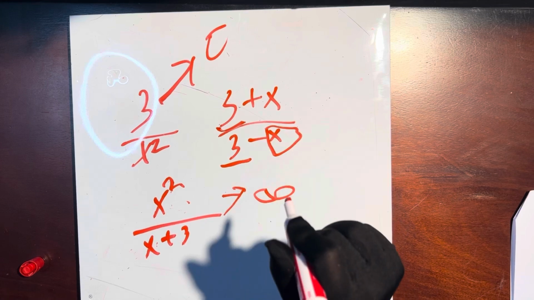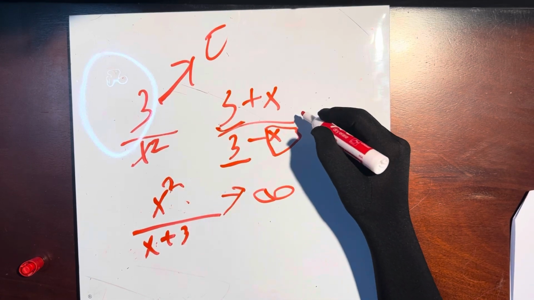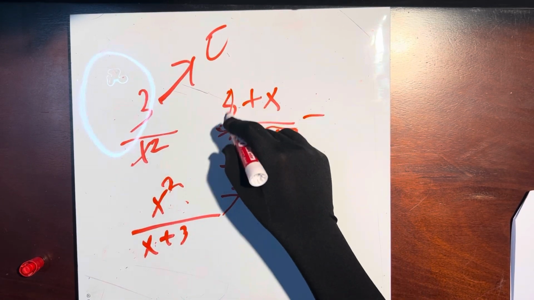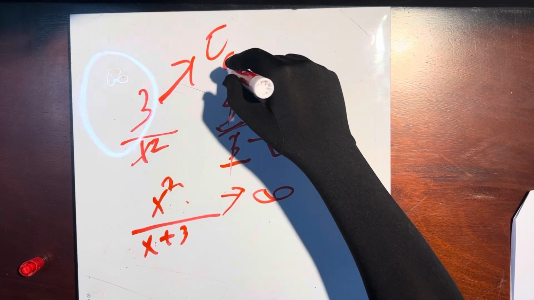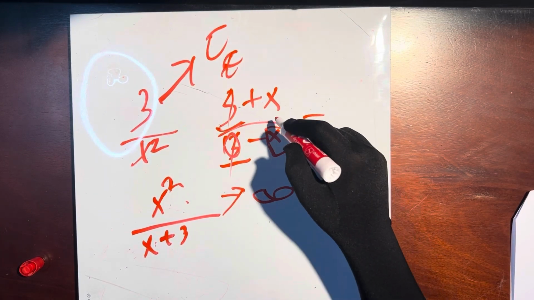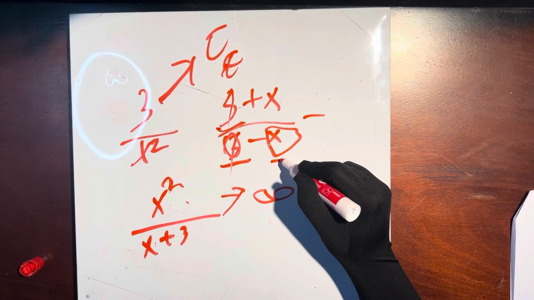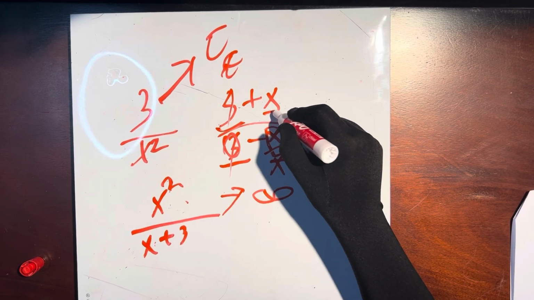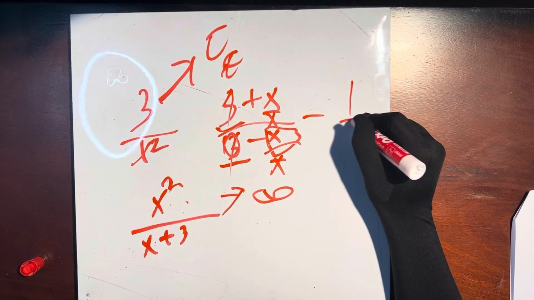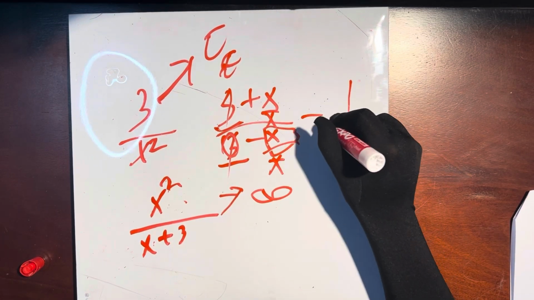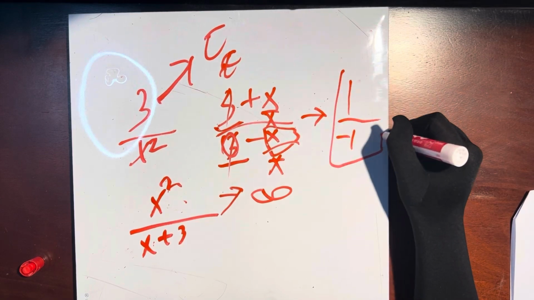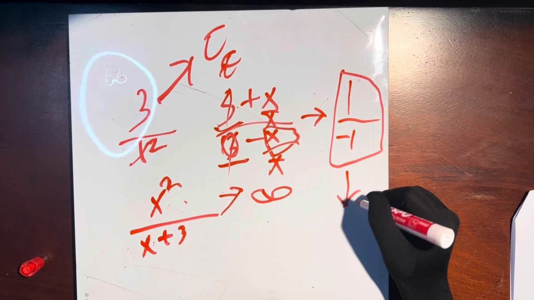Not the numerator, the denominator. So this equation will come out to be, since both 3's cross out, 0 and 0, and so these x's both cross out into 1, you will have 1 over negative 1. And that's your answer, which translates into negative 1.